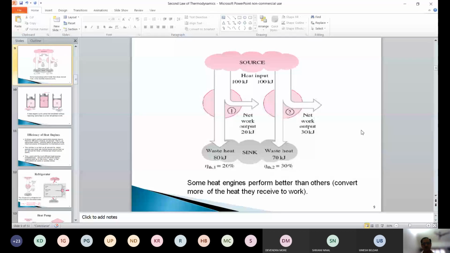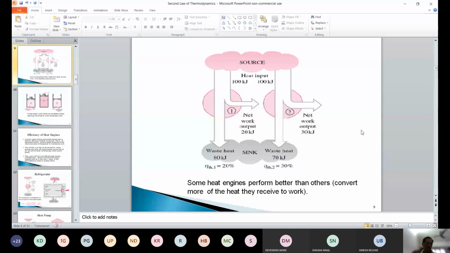So heat engines will have their own efficiency. Like if you look at your bike which you use, that's an internal combustion engine. It takes petrol and converts it into mechanical energy, which drives the scooter or bike. Right?